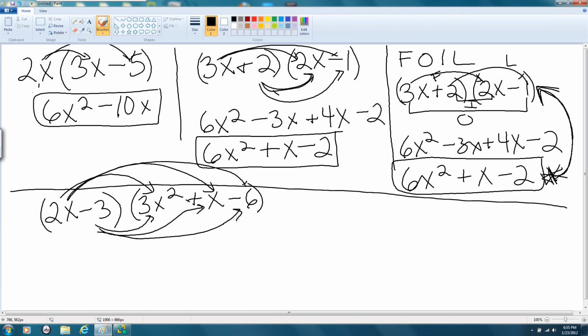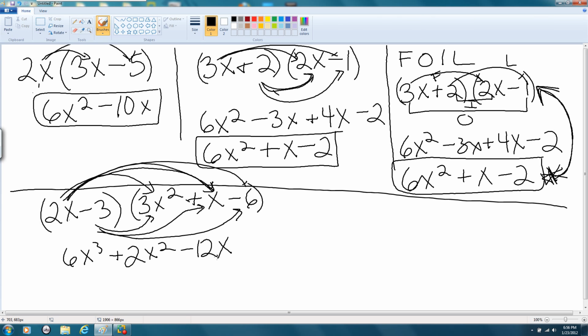So what I'm going to end up with is 2x times 3x squared is 6x to the third. And then 2x times x is plus 2x squared. And then the 2x times the negative 6, I get minus 12x.